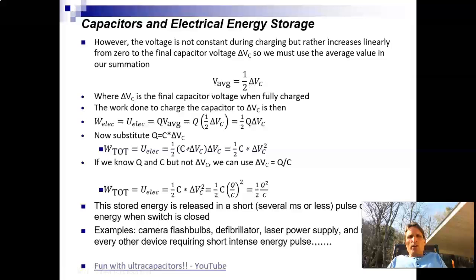Okay, so we could have done an integral, but we're not. And so the work, which is the increase in potential energy, is the total charge times the average potential, and the average potential is 1/2 delta VC, so we get 1/2 Q times delta VC as the work.